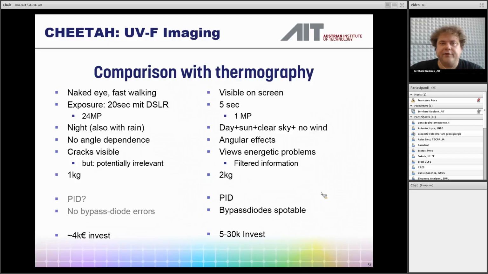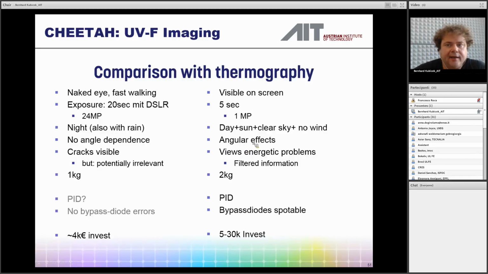Of course, UV fluorescence you have to do at night, which sometimes prohibits the use, because at some parks, maybe at the roof of a supermarket, you probably wouldn't be allowed to be there at night, or you would have to convince a lot of people. But again, it's easier to plan that there will be darkness. For thermography, you have to have a clear day with ideally no wind and no clouds, and you can have the weather forecast, but it's not as plannable, in my opinion.